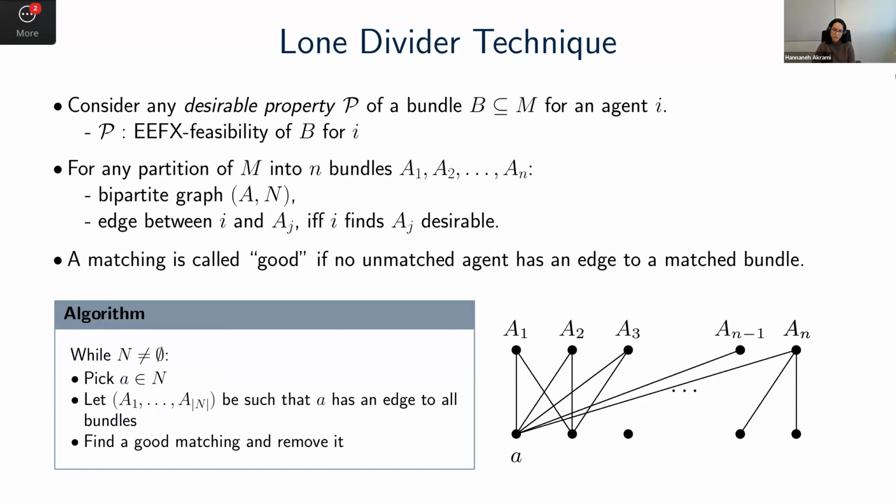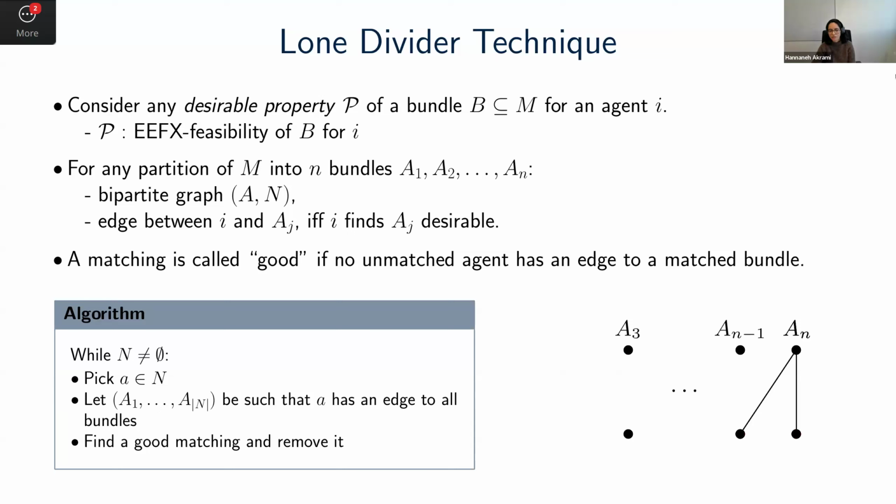And then we find a good matching. What we do is just remove this matching. We allocate the bundles according to this matching and then remove them. And then if there exist some agents that are remaining, which there are in this case, we continue. We again pick an arbitrary remaining agent. That agent would play the role of the lone divider, and so on.